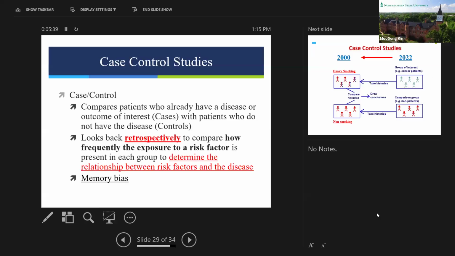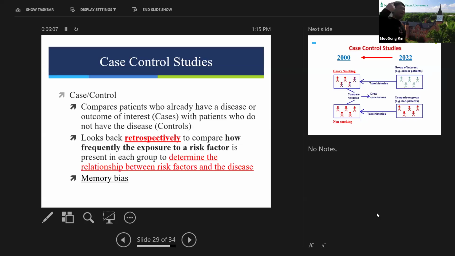Case control studies compare patients who already have a disease or outcome of interest with patients who do not have the disease. So we look back retrospectively to compare how frequently the exposed risk factor is present in each group, to determine the relationship between risk factor and disease. Probably you cannot understand that, right?